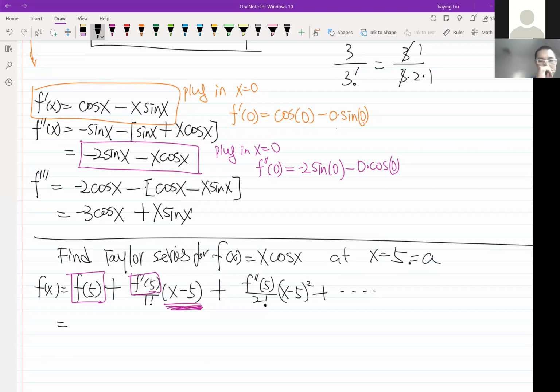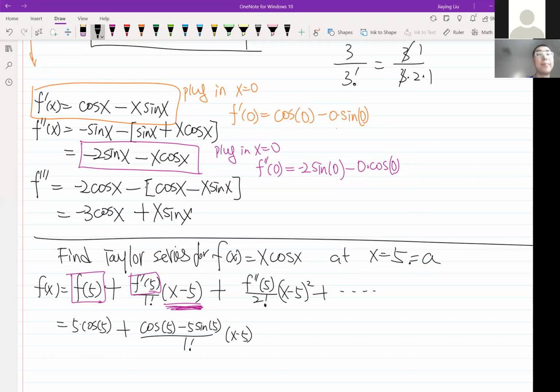I'm just going to do it quickly and plug in those values. So f of 5 will be 5 times cosine 5, plus f prime of 5. I'm just copying the f prime from earlier, so that will be cosine 5 minus 5 times sine 5, divided by 1 factorial, times x minus 5.